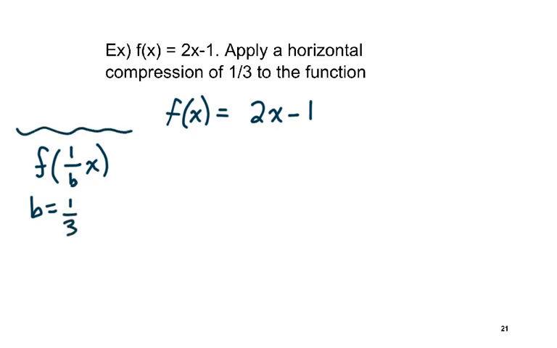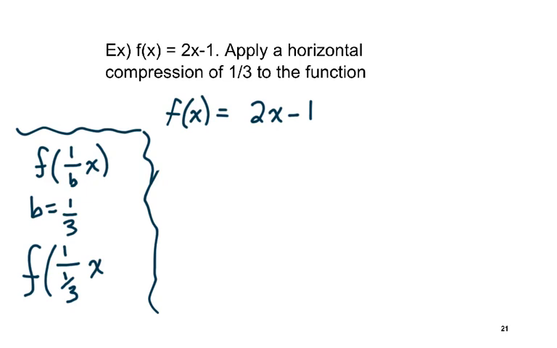So I like to do little side projects over here to really understand, well, can I clean up that fraction at all? We are really doing f of 1 over 1 over 3 of x, which is confusing. So I like to chunk it. 1 over 1 over 3 is the same as 1 divided by 1 over 3.